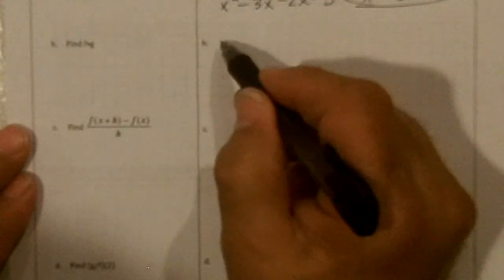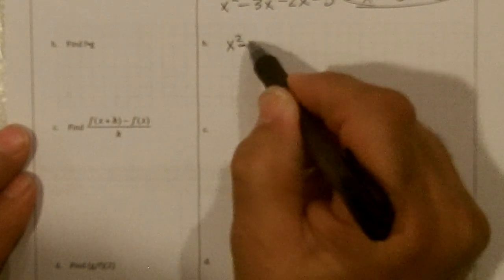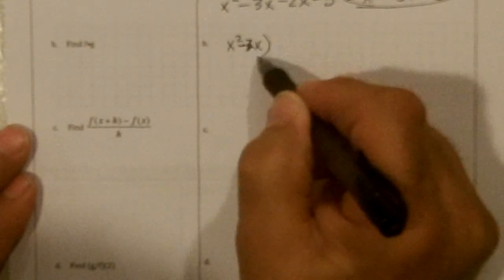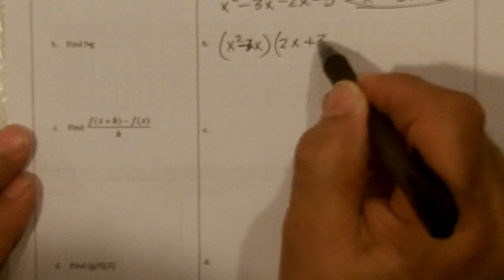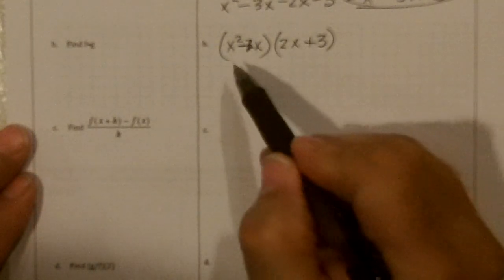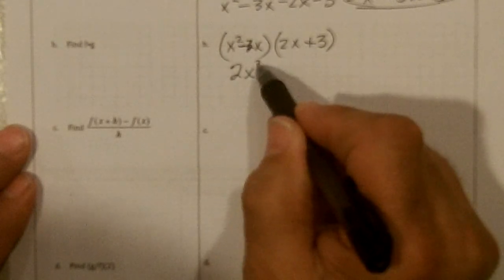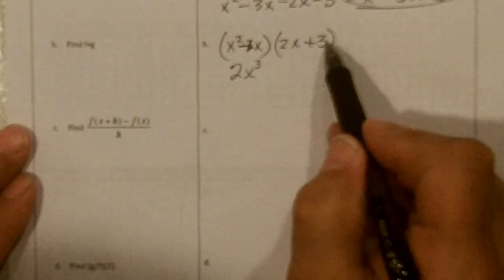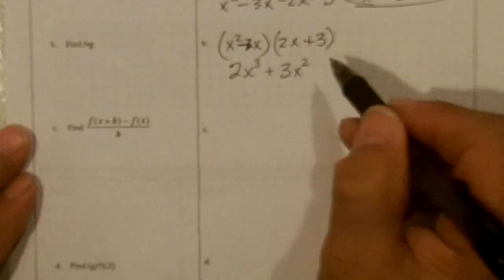F times g, that's a solid dot. So we got to do x squared minus 3x times 2x plus 3. So we have to FOIL. X squared times 2x is 2x to the third. X squared times 3 is plus 3x squared.